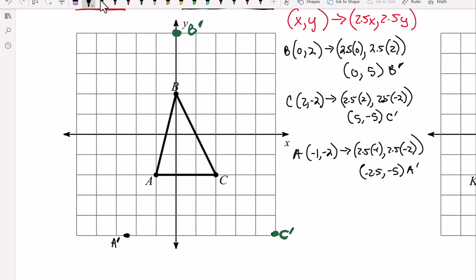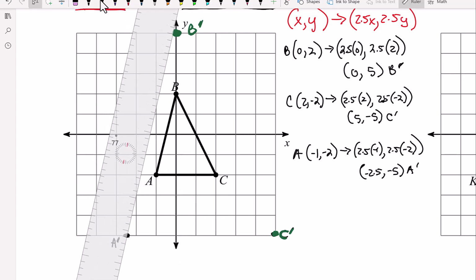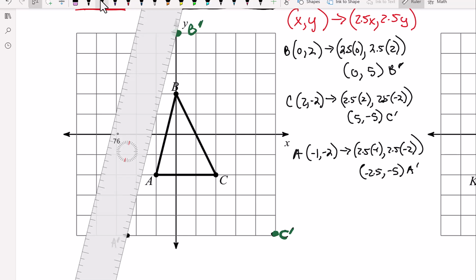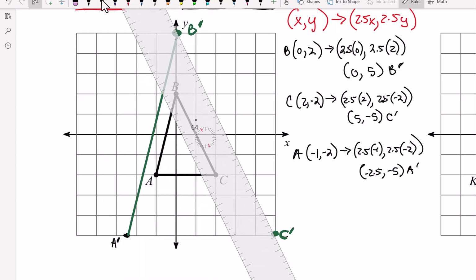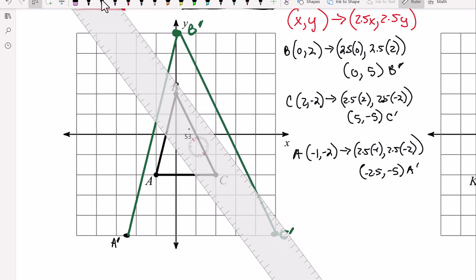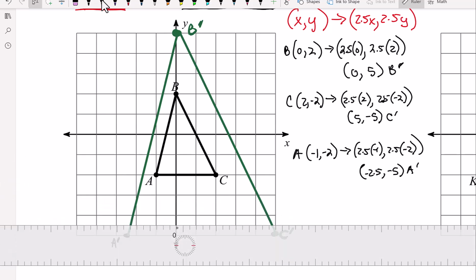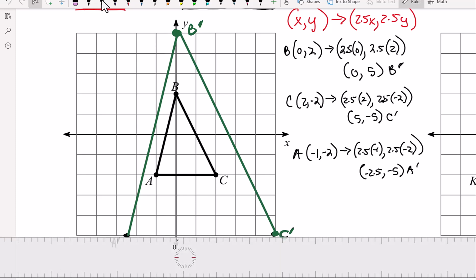And then I'm going to get my ruler out for this one because that will be too crazy. I shouldn't waste video time trying to make that perfect. Okay, so that's a dilation.